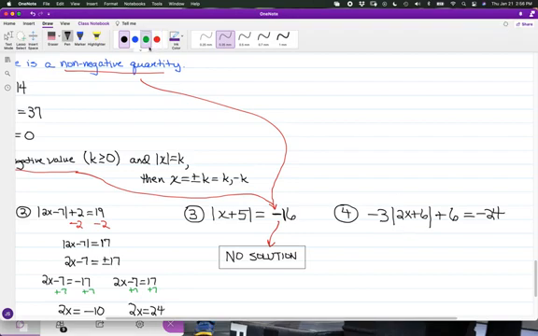What you're going to do here is treat the absolute value of 2x plus 6 differently from where you would have 2x plus 6 in parentheses. So you're not going to distribute.